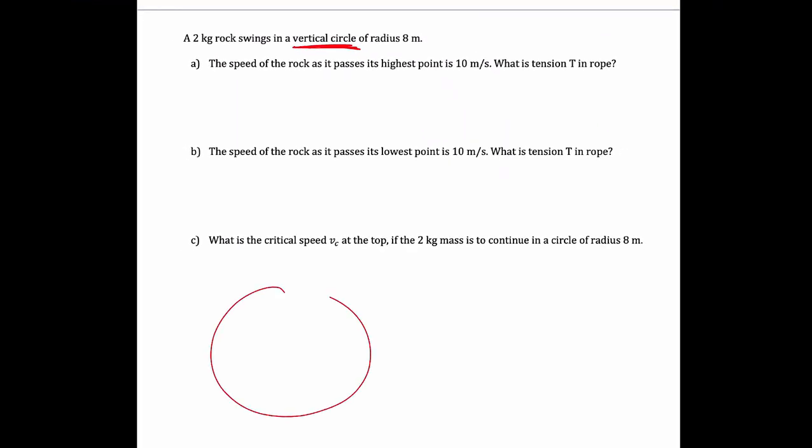So again, we imagine that we have an object that is attached to a rope, and this object is moving in a circular motion because of this rope. So eventually it will come to this position, it will come to this position, and eventually it will be passing from the top.